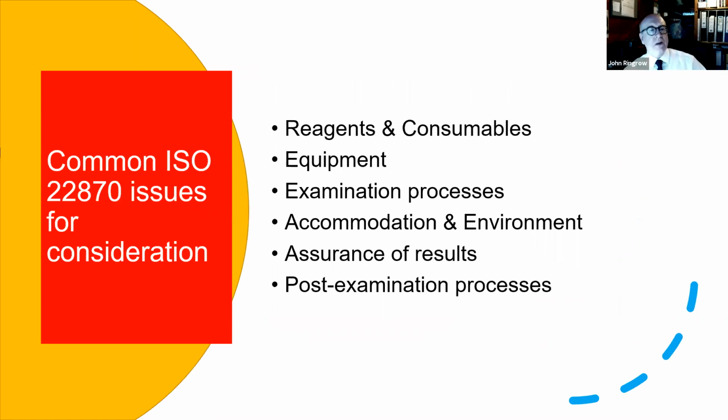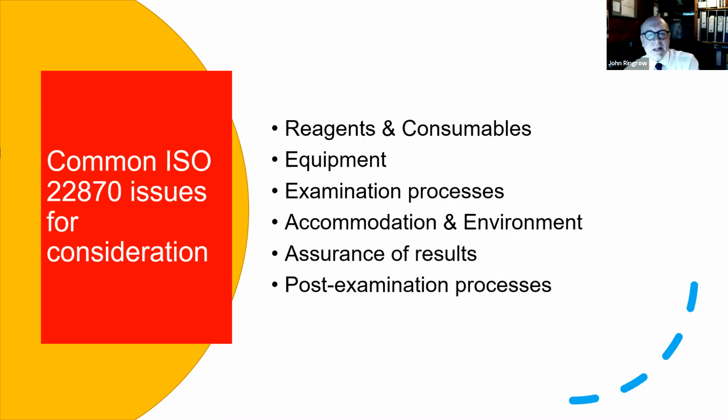So there are some common ISO 22870 issues for consideration. This is generally from some of the experiences that we've had of assessing other point of care providers already, and some of the key things that we notice. The first of those is around reagents and consumables, and management of stocks, management of supplies. Another quite important thing is environmental monitoring.